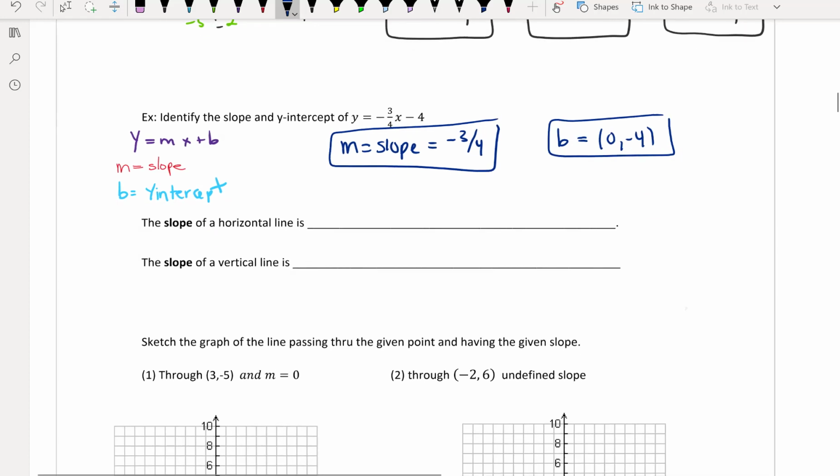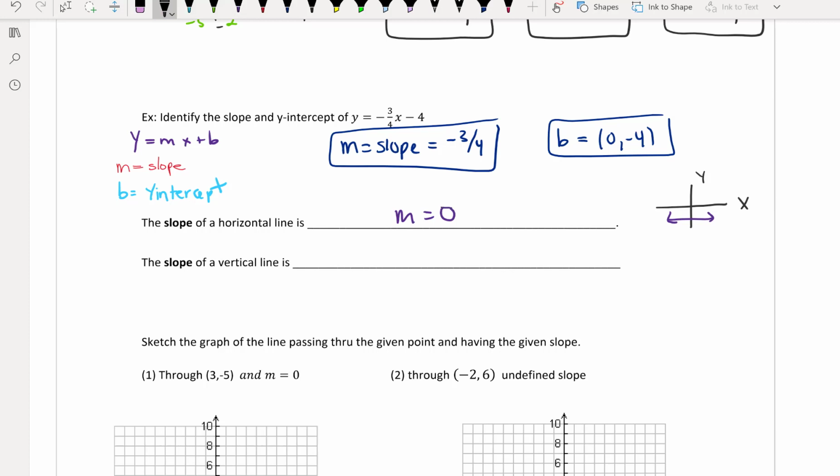Okay. So now in general, if I were to have the slope of a horizontal line, so if I were to think about the x and y coordinate, then a horizontal line goes from left to right. So here, my slope would be 0.